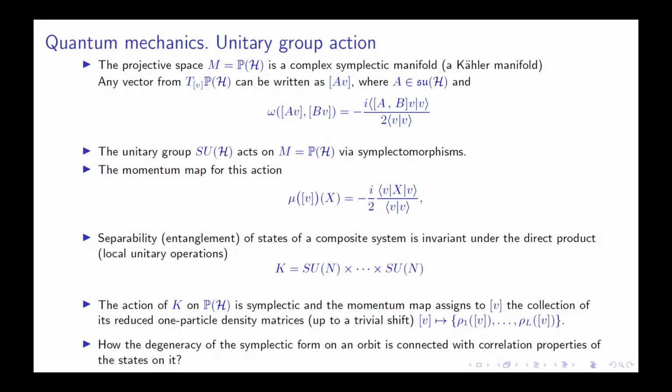Remember that because I insist that it goes into the Lie algebra or the dual of the Lie algebra, which are traceless matrices in this case, and you know that reduced density matrices are positive, so you have to subtract one half of the identity to get it right.